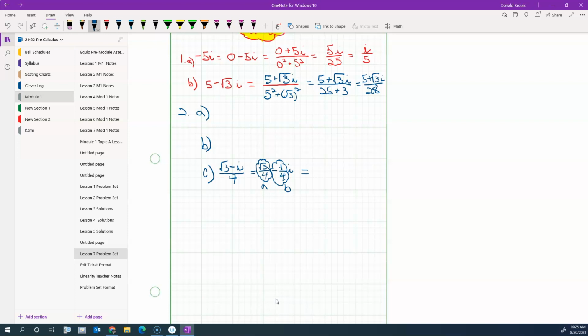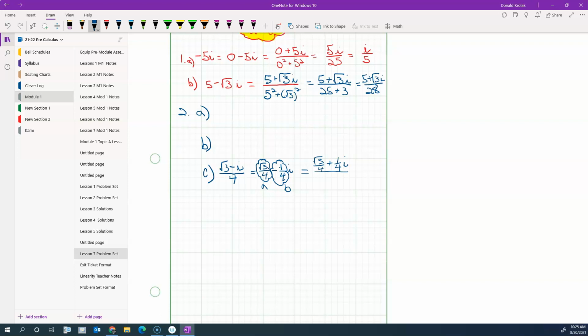Square root of 3 over 4 plus 1/4 i. Okay, so you could write it separate like that if you wanted to, or I can just leave it like that, plus 1/4 i.